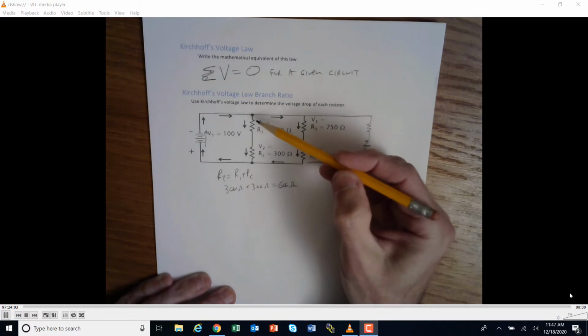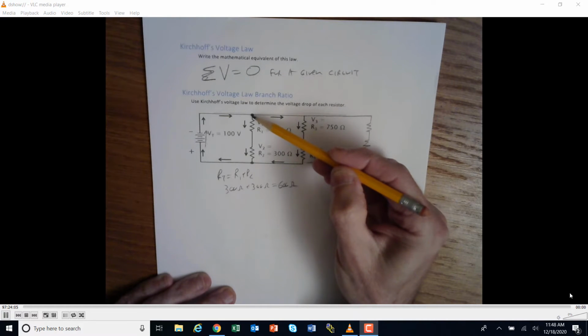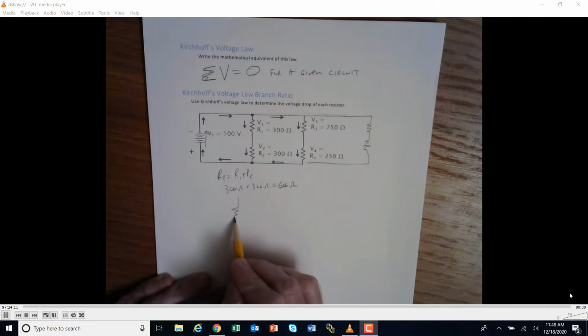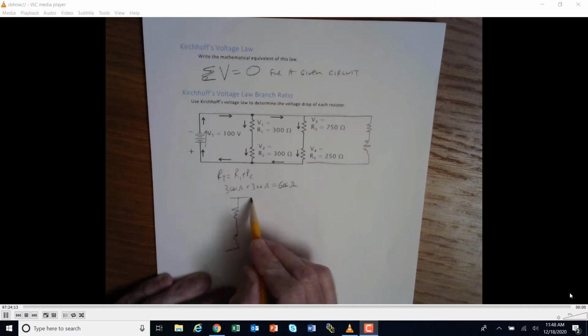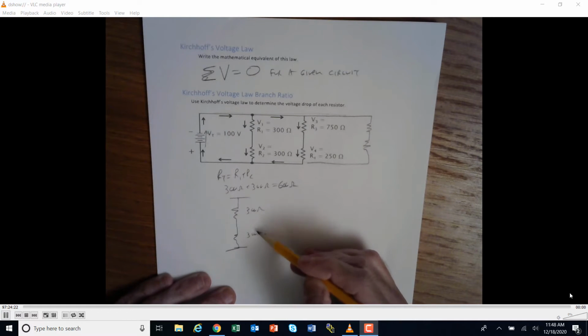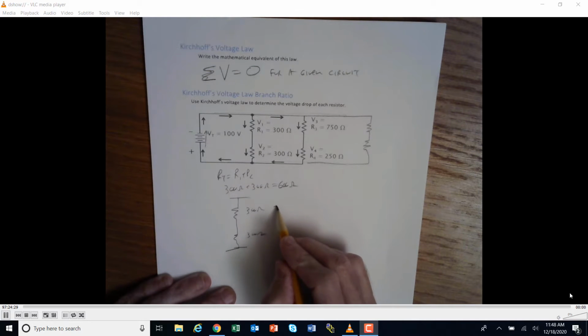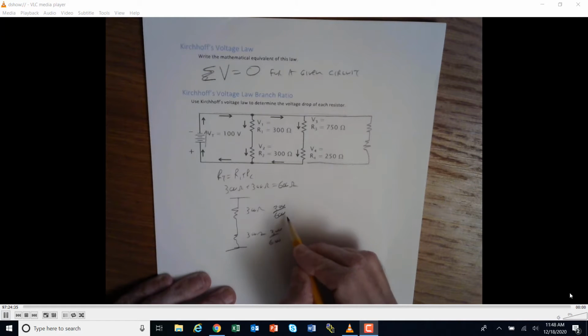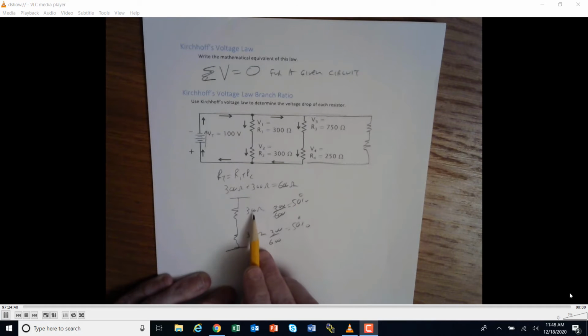So if we're dropping 100 volts across here, and we notice that these two are equal at 300 ohms, can't you see that each one is going to drop the same amount of voltage because they're equal? How much is each one going to drop? Well, the total here is 600, so each one's going to drop 300 over 600, or exactly 50%, because they're the same.